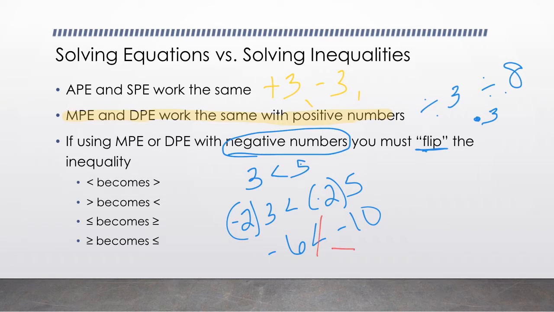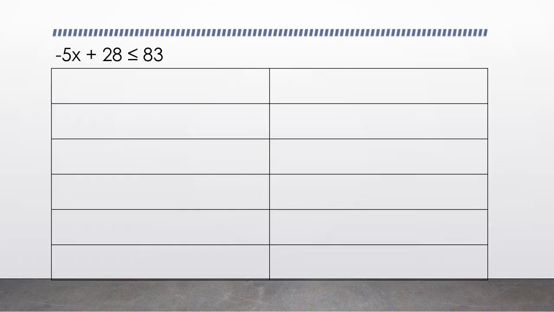It is greater than. That's why we have to flip the sign. Whenever we multiply or divide by a negative number, we just flip it. So a less than becomes greater than, less than or equal to becomes greater than or equal to, greater than or equal to becomes less than or equal to. It's that simple.